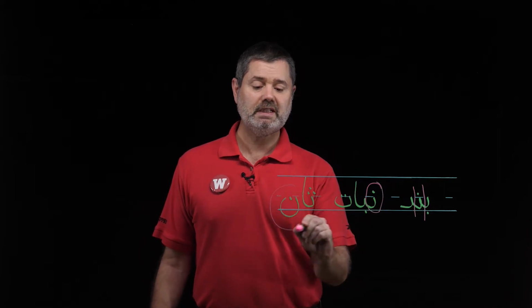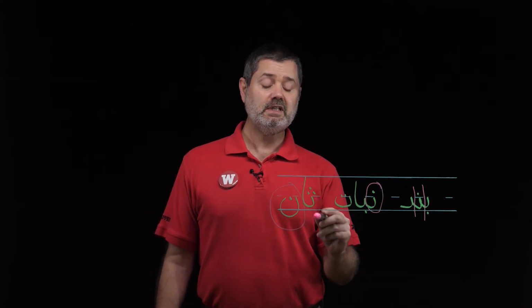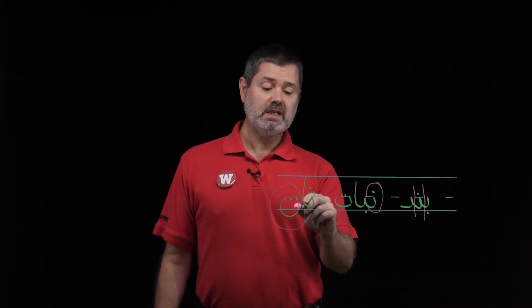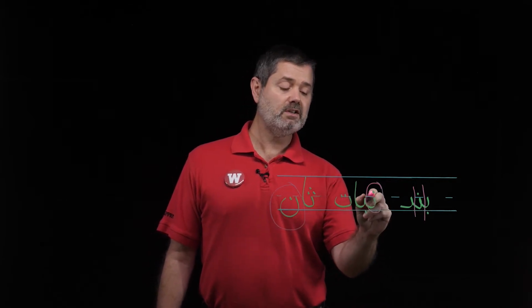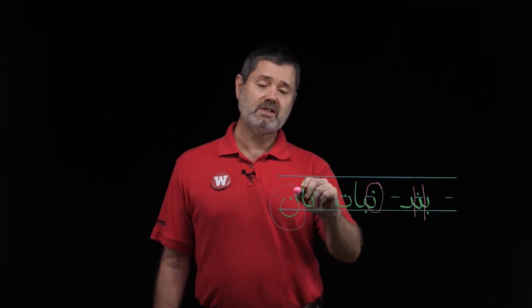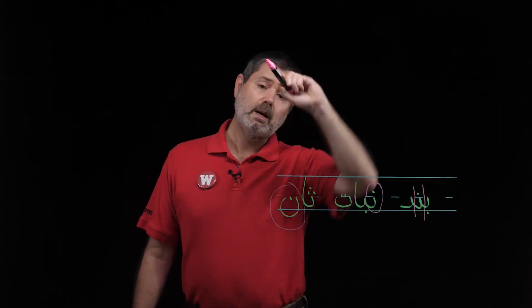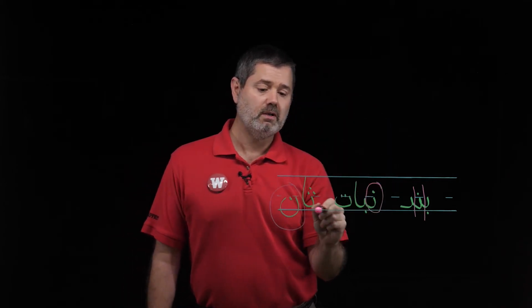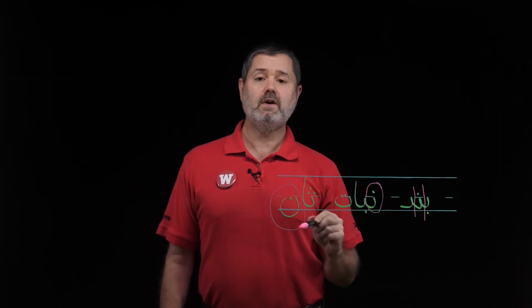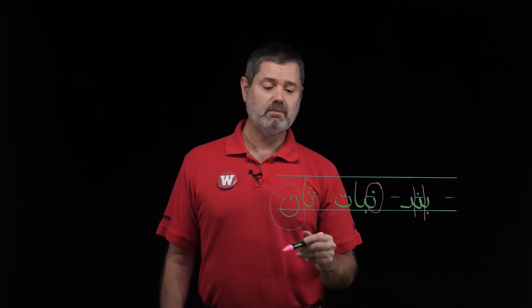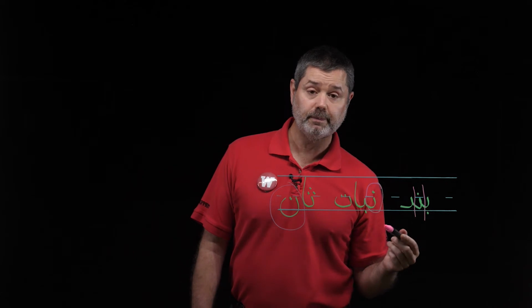Okay, hopefully you see it at the end. And notice it's that different shape. Because it's coming at the end of the word, instead of taking just one spike, we sort of start out the same, but we get that bowl shape, that curve shape. But still our one dot consistently always on the top. And these are all examples of the noon shape.